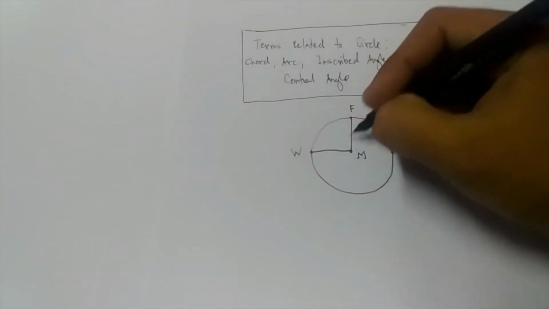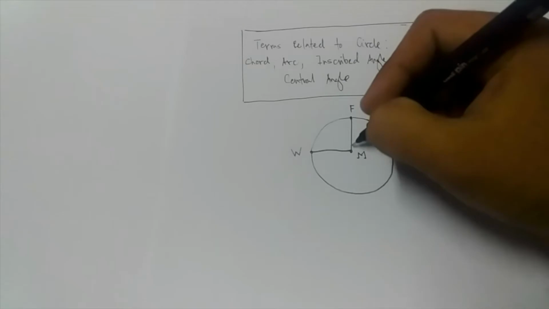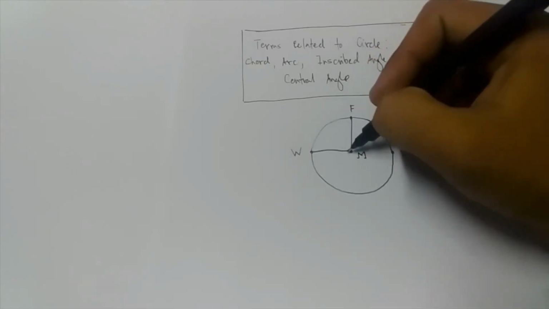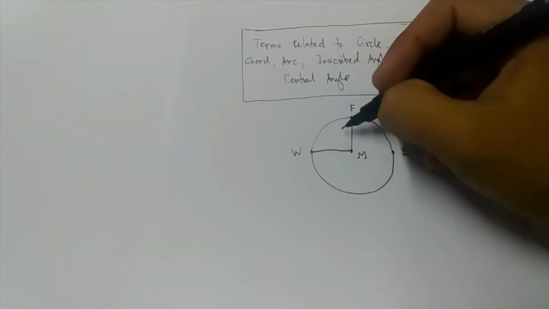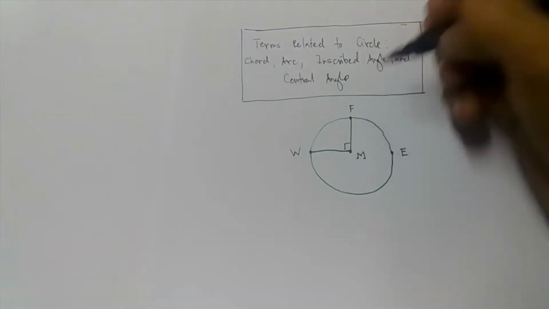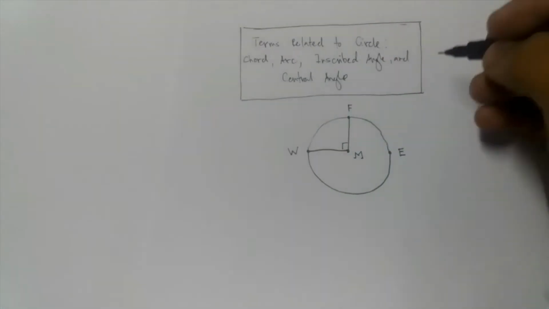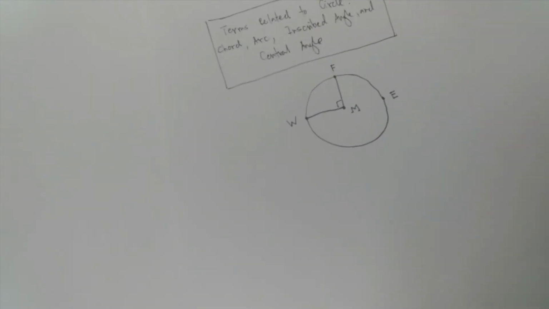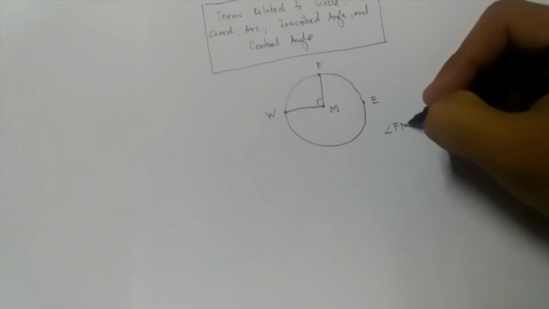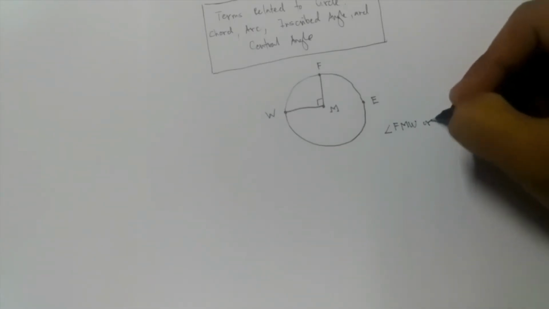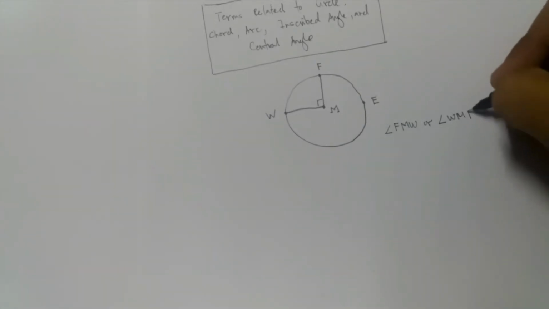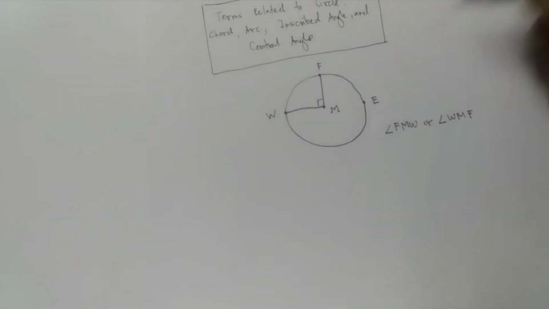From the center to the point in front, and from the center to the person on my left, I form a central angle, which is a 90 degrees central angle, denoted by angle FMW, or we can interchange this as WMF, as long as the vertex is in the center.